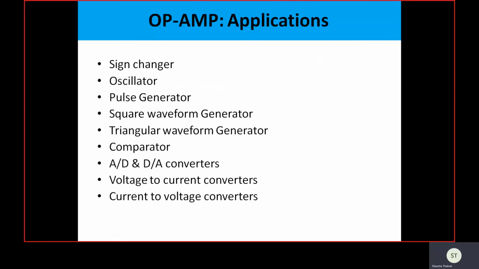Nowadays the operational amplifier is used for various other applications, like a sign changer, oscillator, pulse generator, square waveform generator, triangular waveform generator, comparator, analog to digital and digital to analog converter, voltage to current converter, as well as current to voltage converter.